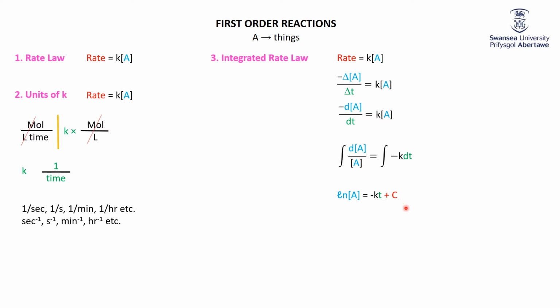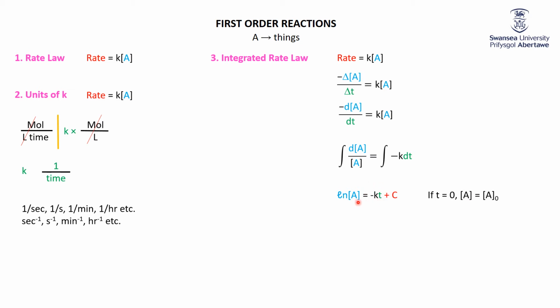And then we're doing an indefinite integral, so we're just going to have plus a constant. Now, if t is 0, let us say that the concentration of A is just [A]0, the initial concentration of the reactant, and [A] is the concentration of the reactant as time goes along. So anyway, t is 0.